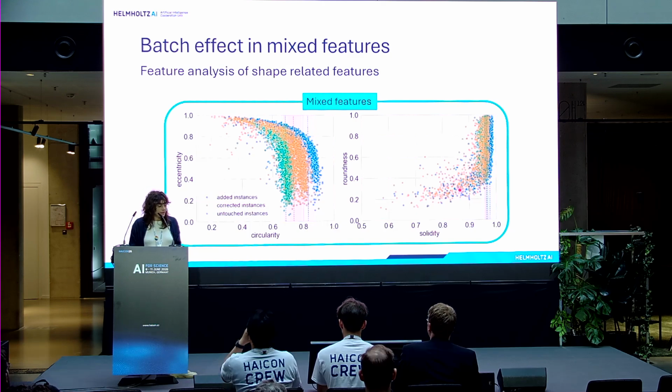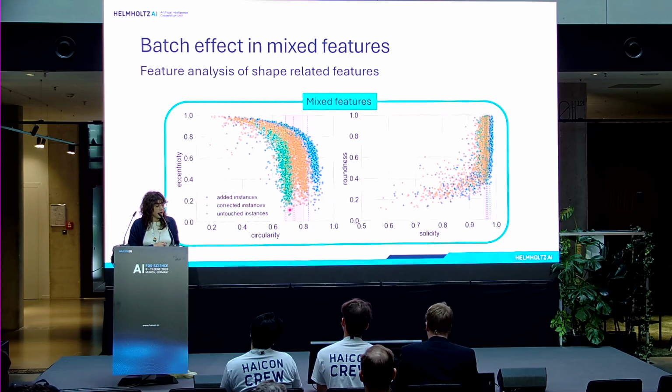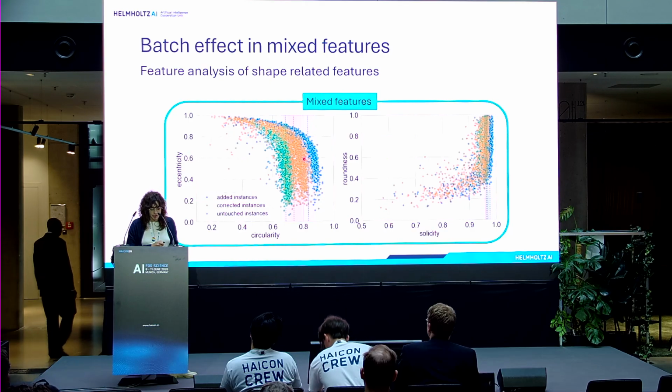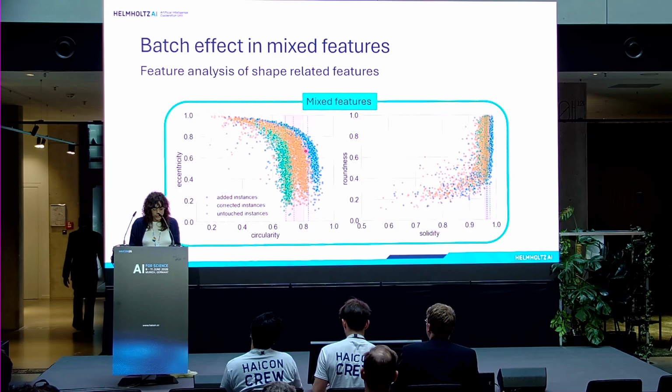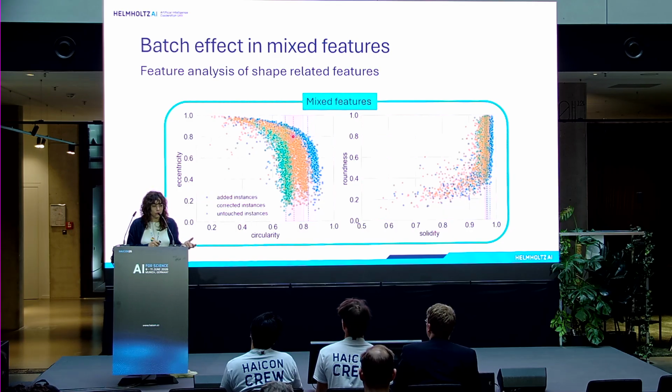You can already see here on the left particularly, it's very evident that based on the source of origin of our masks, we have 3 very distinct curves for the circularity: our added instances, our corrected instances, and our untouched instances. What is interesting is also that the corrected ones, so basically the mix of human and model, fall in between the pure human and the pure model generated masks.